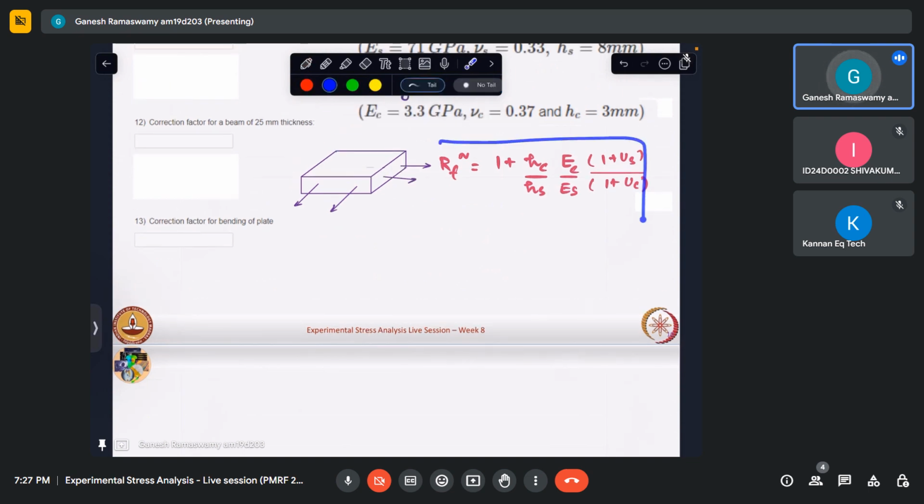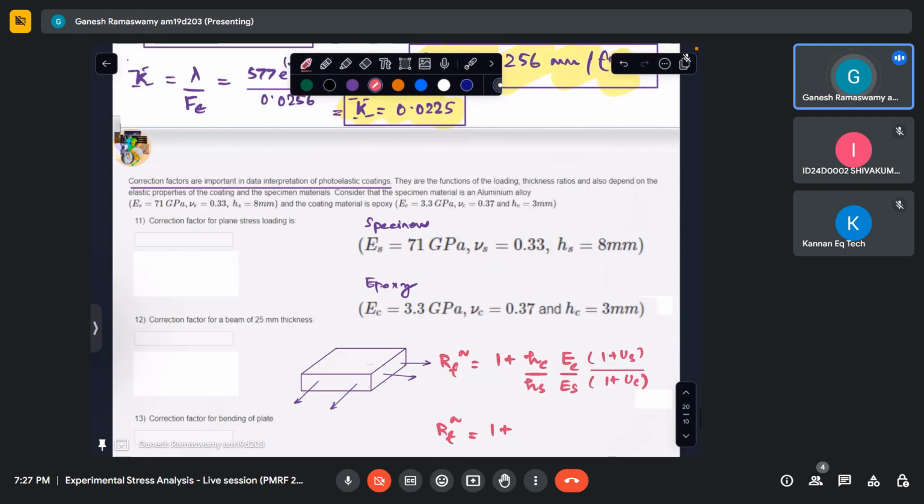Although in the exam, naturally they'll be giving the equations, but I'm just saying, besides the point. 1 plus hc by hs, hc is 3 by 8, into Ec is 3.3 by 71. I need not convert it into GPa because it's a ratio, so I'll just let that be.